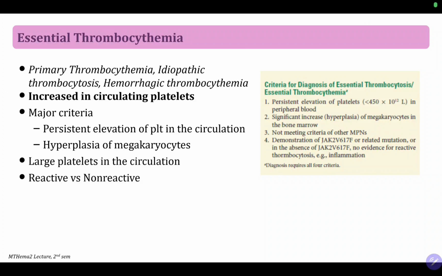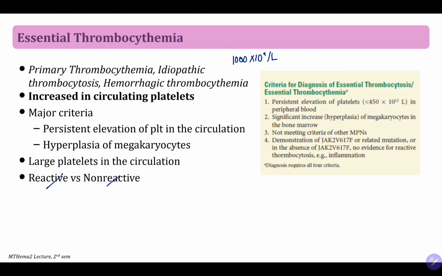Next, we have your essential thrombocythemia or your primary thrombocythemia. This is characterized by a significant increase in the circulating platelets, usually in excess of 1,000 times 10 raised to 9 per liter. Now, elevated platelet counts may be encountered as reactive phenomenon, secondary to a variety of systemic conditions, or may be representative of the essential thrombocythemia, the primary disorder of the bone marrow itself.